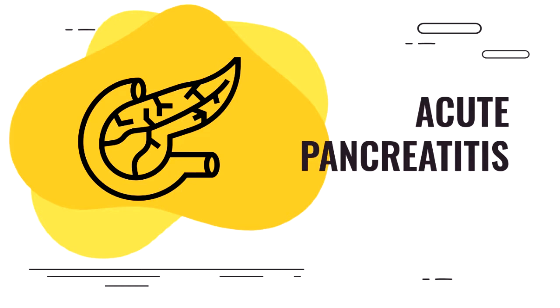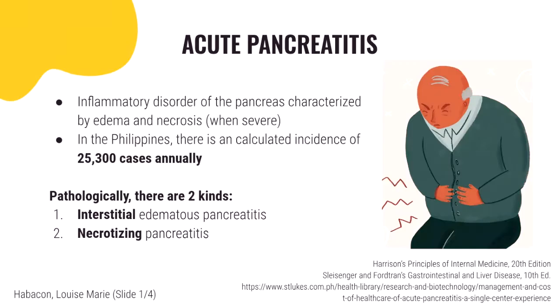So today we'll be discussing the differentials for this case. This is acute pancreatitis. Acute pancreatitis is the inflammatory disorder of the pancreas characterized by edema and necrosis. The necrosis is reversible. Local data suggests an annual incidence of acute pancreatitis of 25,300 cases.